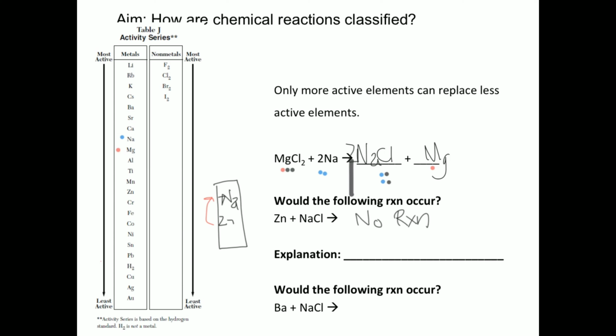Finally, let's look at the reaction between barium and sodium chloride. Looking on table J, you'll notice the lone element, barium, is more active than the bound element, sodium. So barium can replace sodium in a compound.